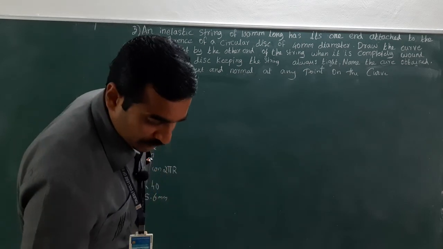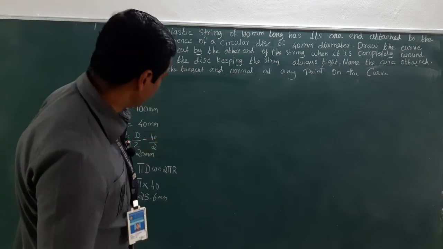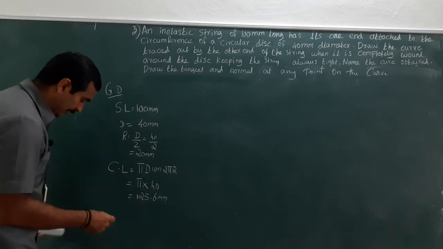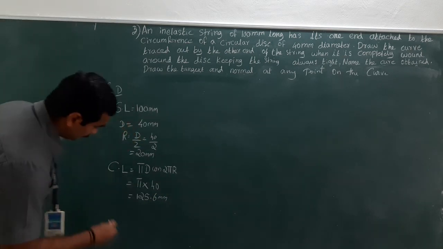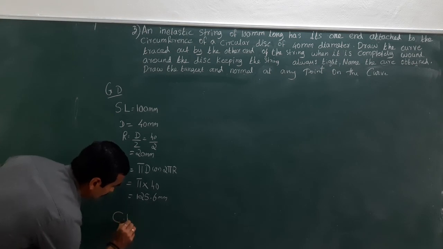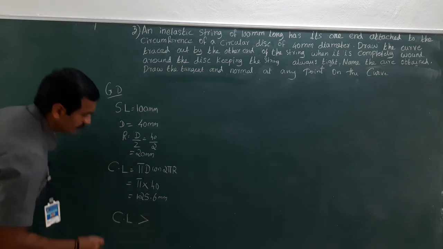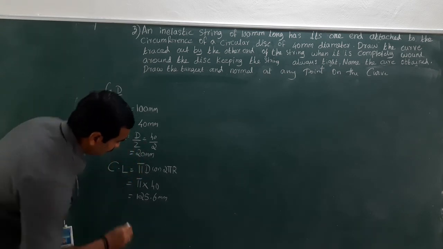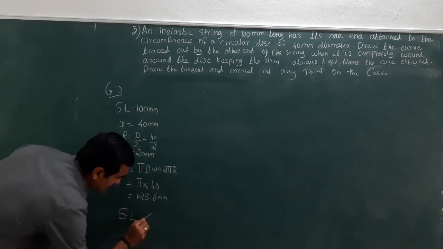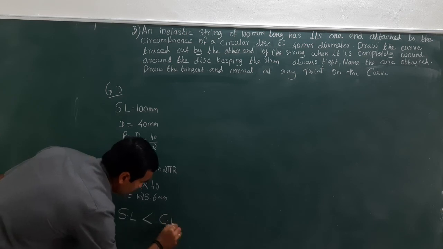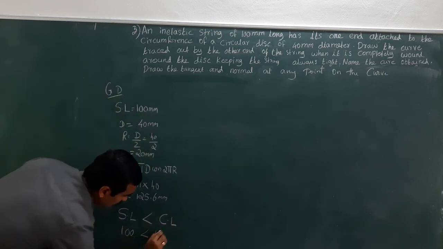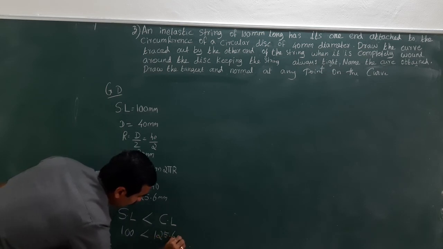So listen carefully how I am going to construct it, the same procedure as you constructed before. Here the string length is less than the circumference length, which is 100 mm less than 125.6 mm.